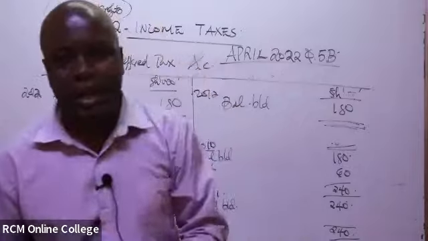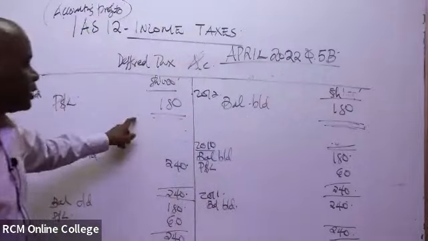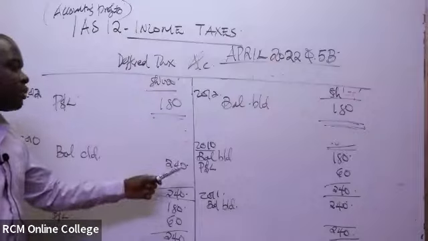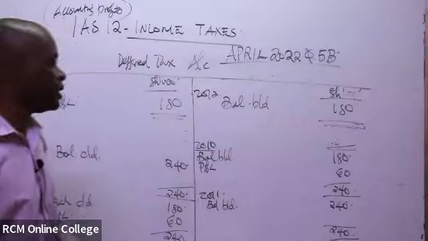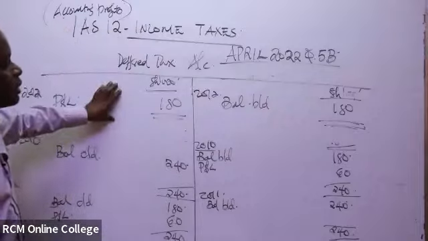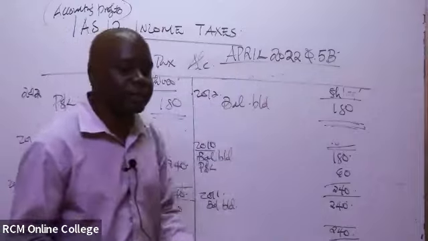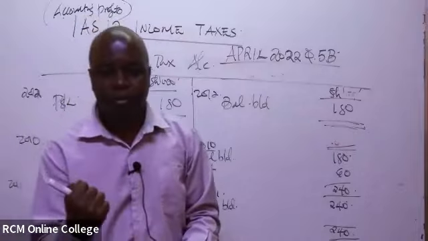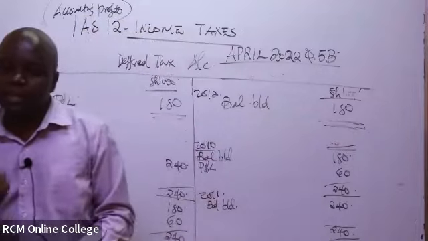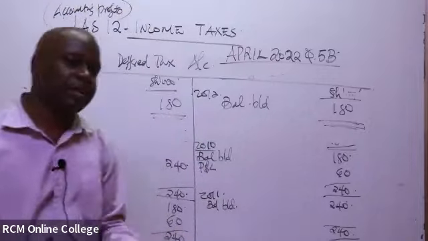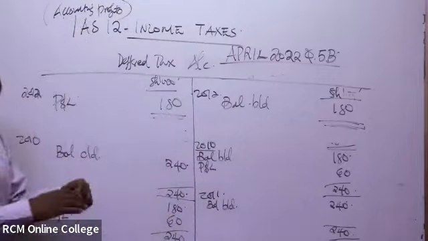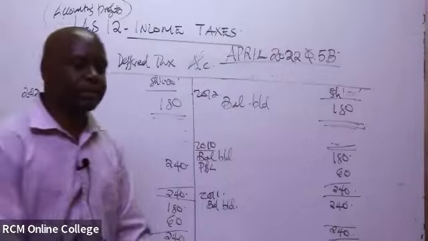It is the P&L account, which is here. So the difference, we close it in the P&L account. If there is a debit entry here, then in the P&L account it will be a credit entry. All credit entries in the income statement are incomes. All debit entries end up becoming what? Expenses.